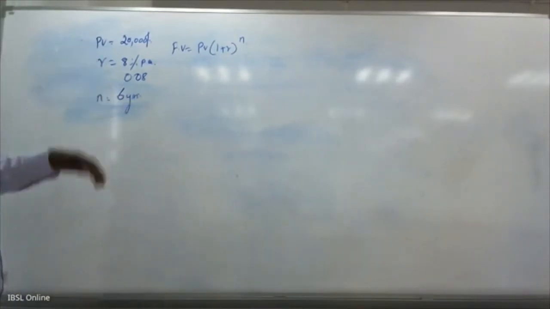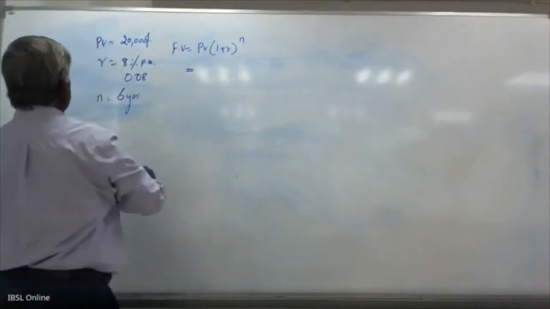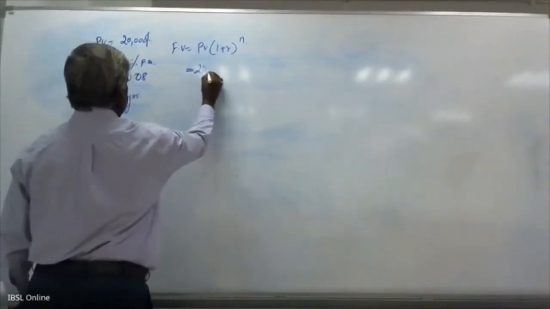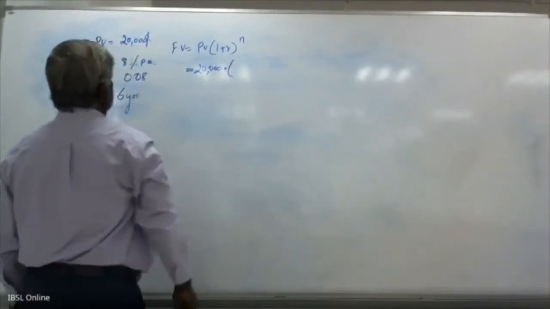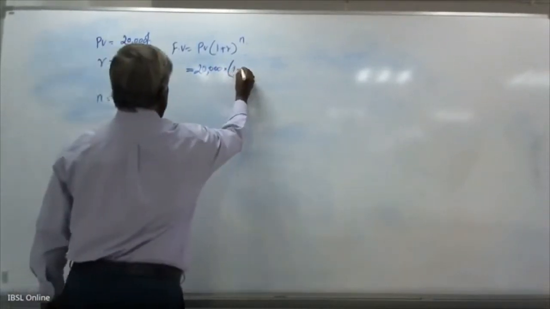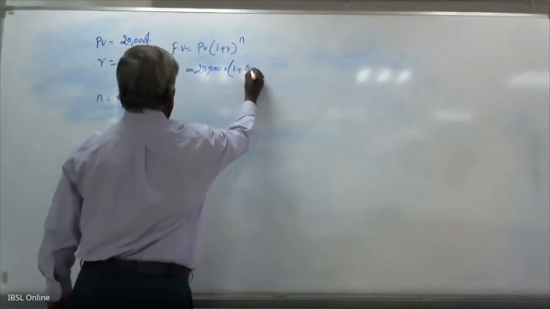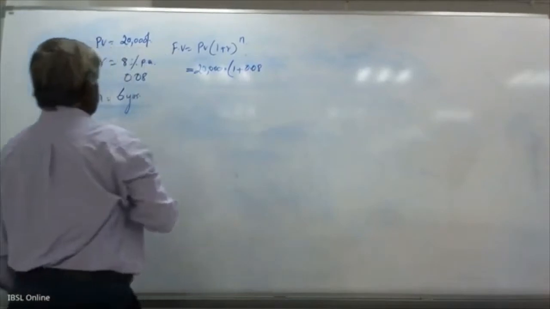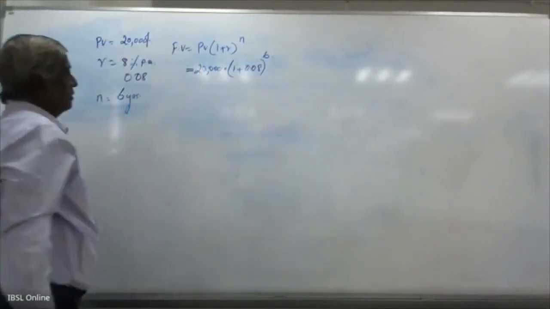Now this is our formula, the compounding formula. F is equal to PV, 20,000, into bracket 1 plus R, 0.08 in decimal, to the power 6, the number of years.